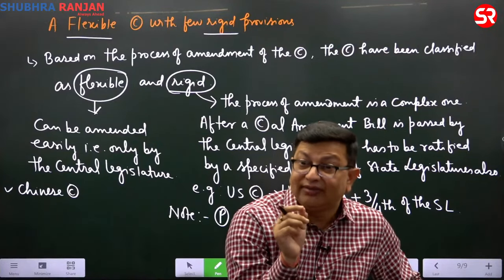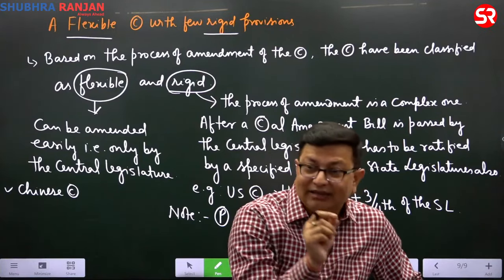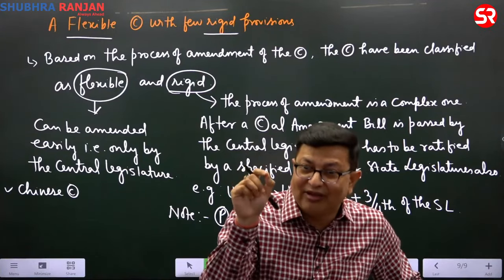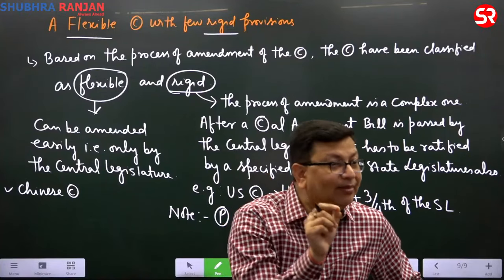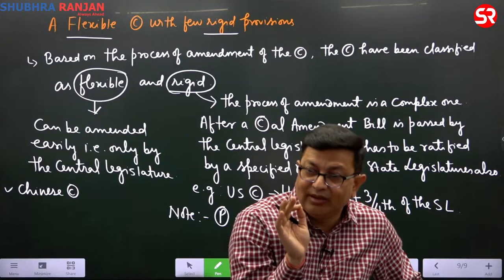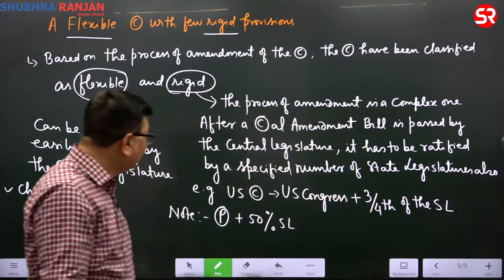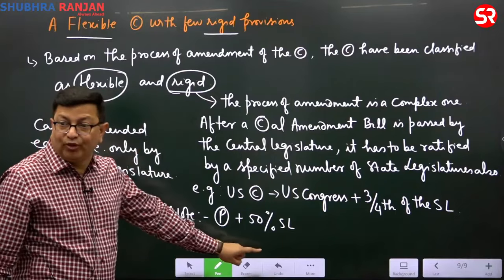So out of 30, if 15 of the legislatures approve or ratify the constitutional amendment bill, then the constitution will be amended. So in case of India, they are known as rigid provisions.